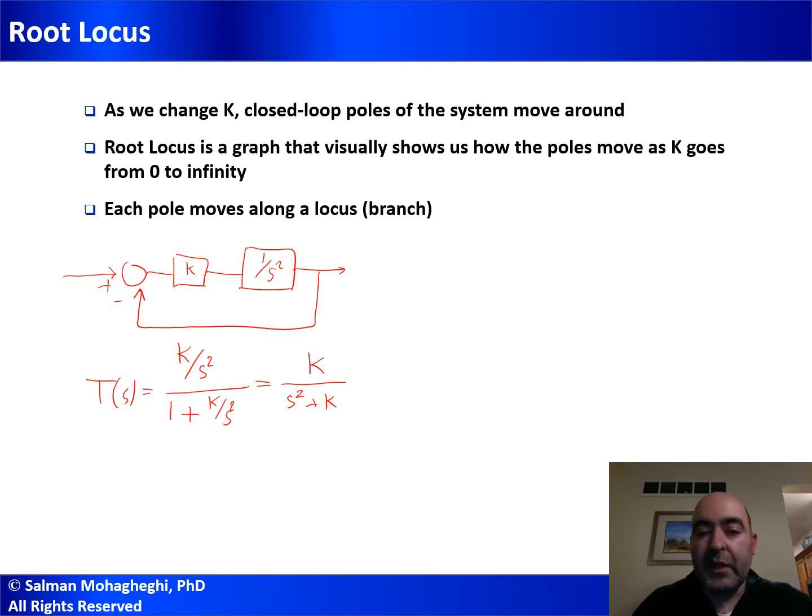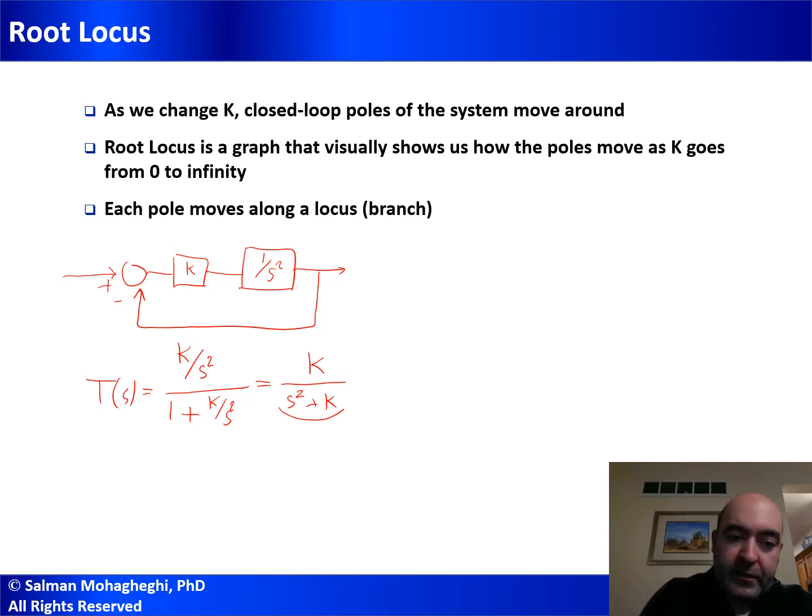This system is a second-order system, and hence it has two poles. The poles of the closed-loop system are in fact the roots of the denominator, the roots of this polynomial s squared plus k. And here you can quickly see that the roots or the poles are going to be functions of k.